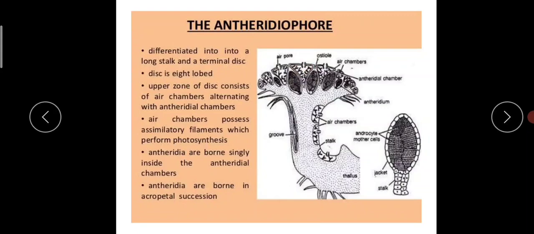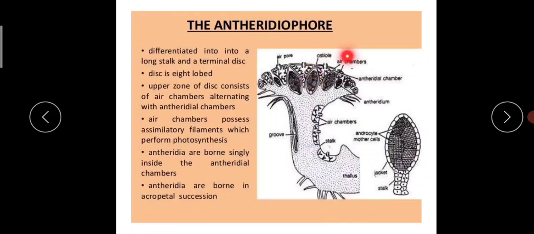Regarding the structure of a mature antheridium, it is a pear-shaped or globular structure, attached to the base of the antheridial chamber by a multicellular stalk. It has a single layered sterile jacket, and inside this are the androcytes. Each androcyte metamorphoses into an antherozoid, and antherozoids are rod-like, biflagellate structures.